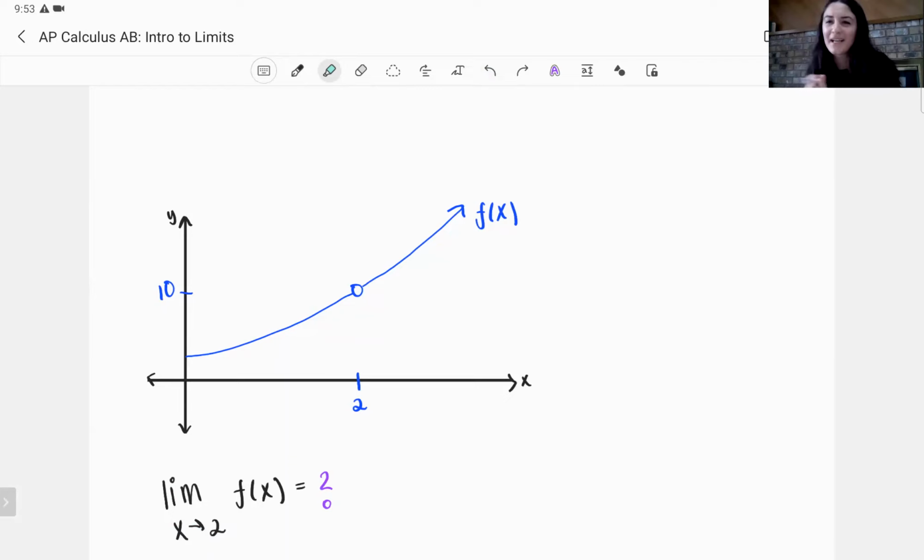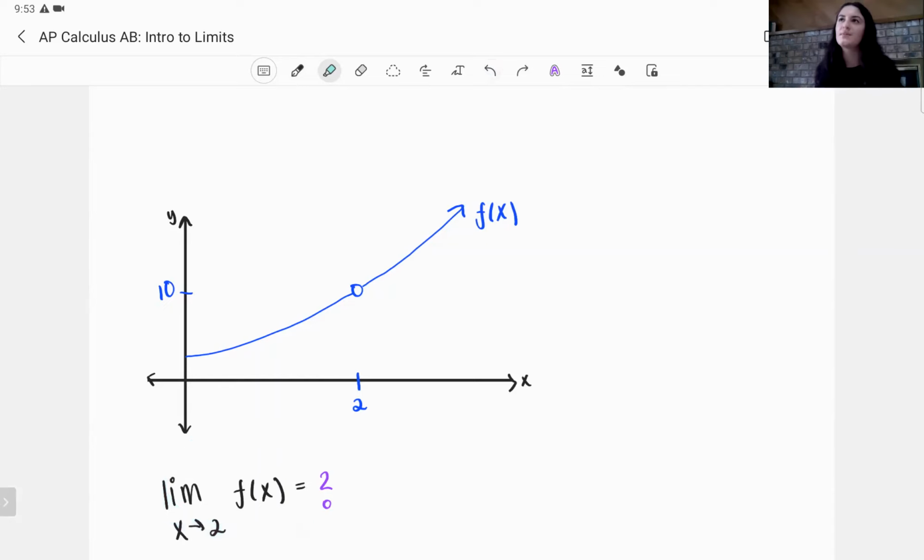I know that might seem like not really a difference, but there is a subtle difference between those two things. So this limit actually does have an answer.